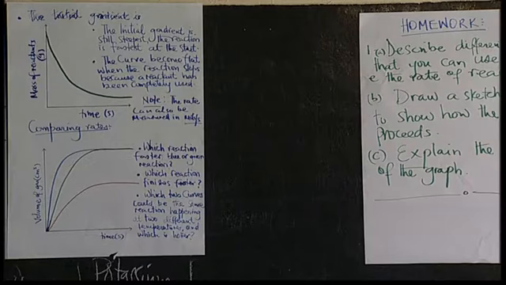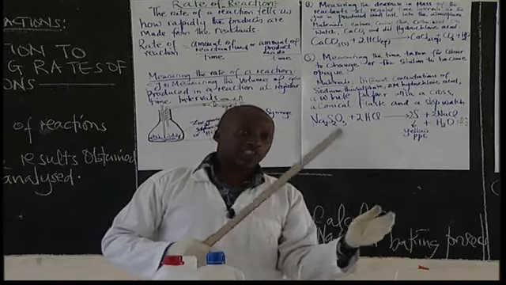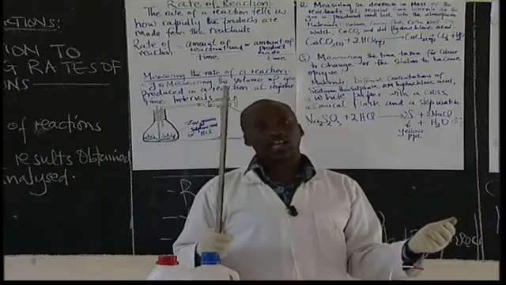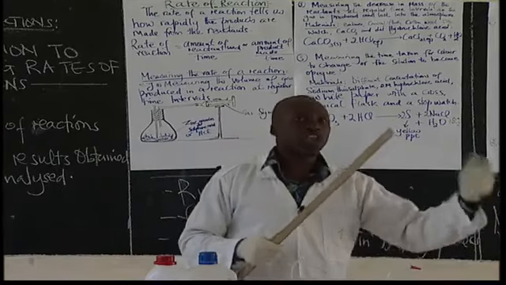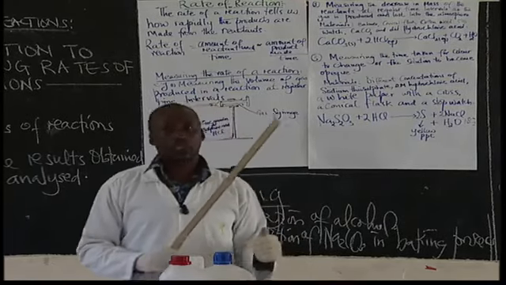So that is how we can measure the rates of the reaction by using either the reactant that is used up, or the product that is formed in the reaction. The product that is formed can be a gas, and in that case, you have to measure the volume of the gas at regular intervals of time.